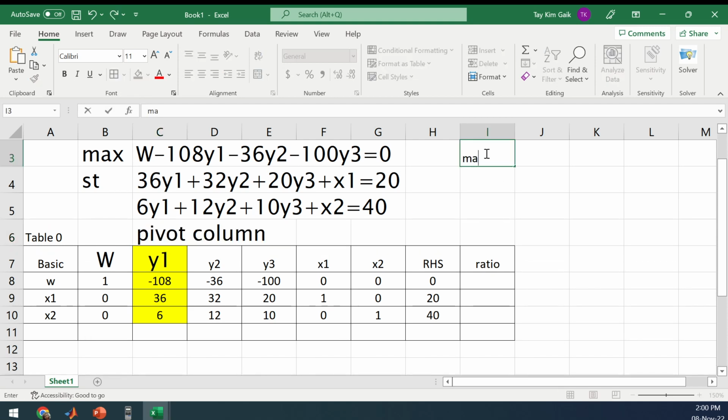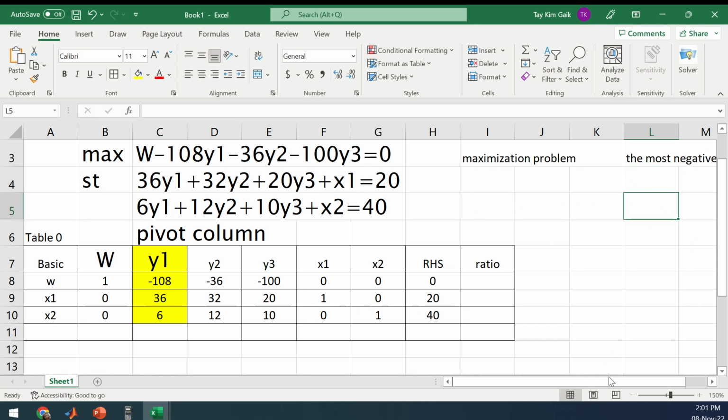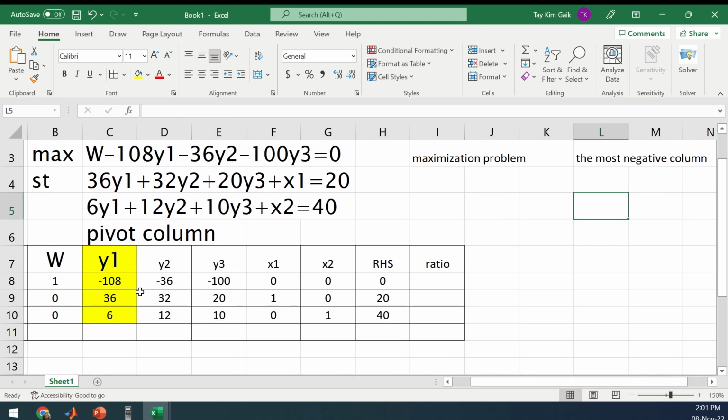Make sure you have a maximization problem, then take the most negative column. The most negative column gives you the pivot column.